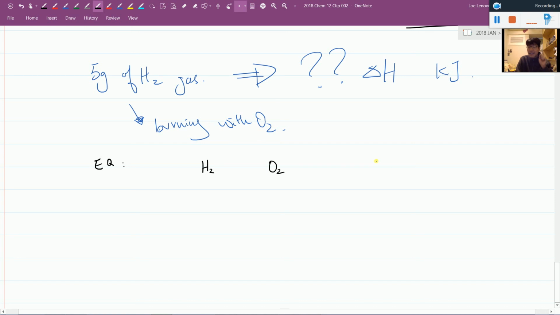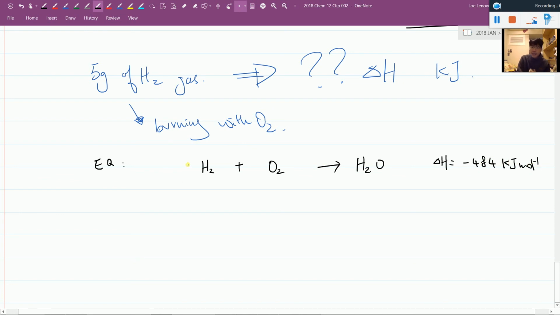Hopefully you say this is water. So hydrogen reacts with oxygen turning into water. Then you're probably able to go back to look at your equation above. The delta H there is equal to negative 404 kilojoules per mole as the unit.